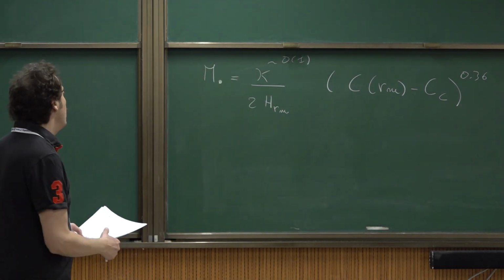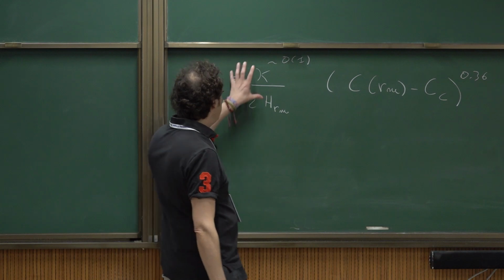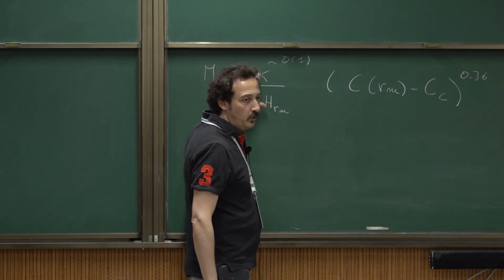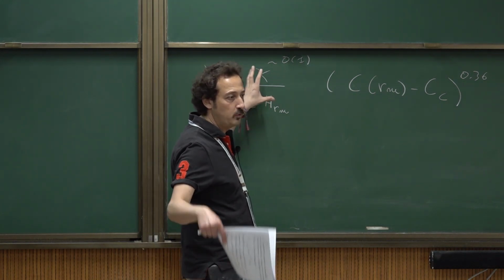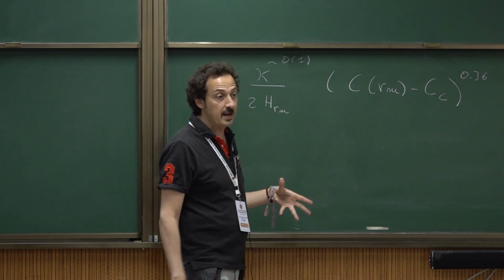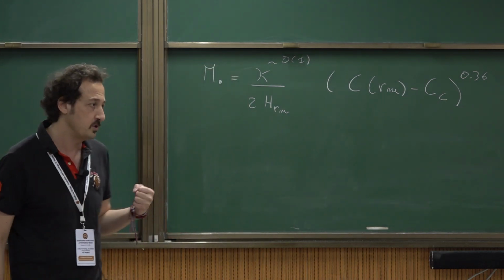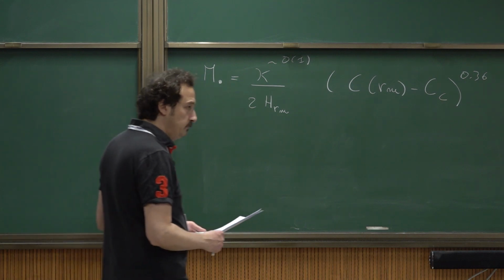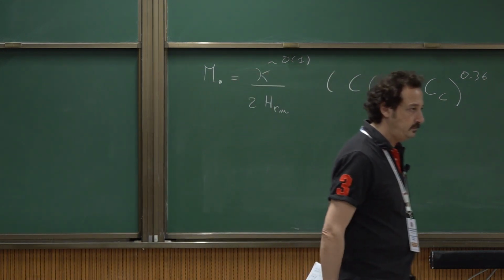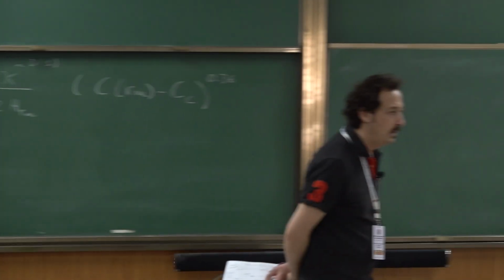So the mass of the black hole is not all the mass that the horizon has when this perturbation entered the horizon, but is only a fraction of it. It depends on how large our perturbation was. So what physically distinguishes the type 1 and the type 2 black holes?